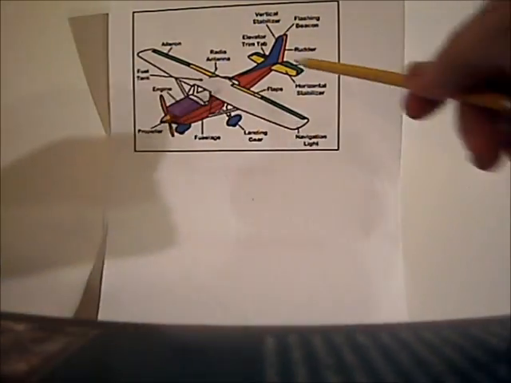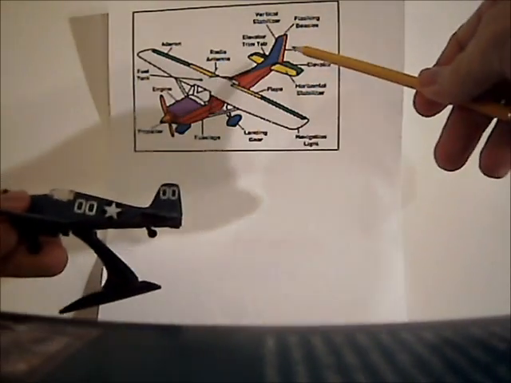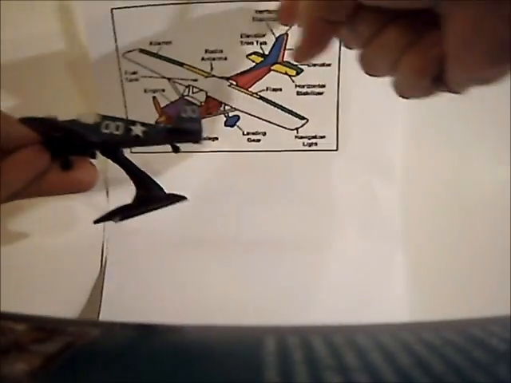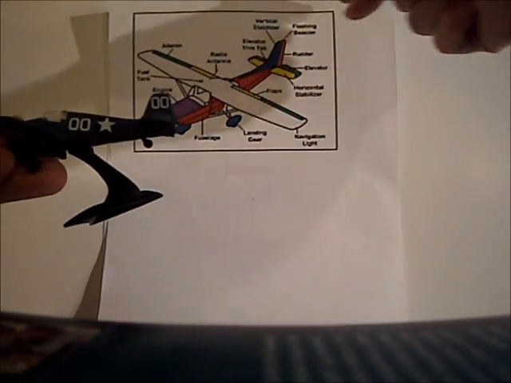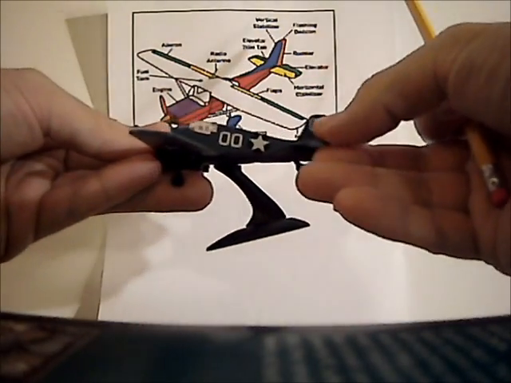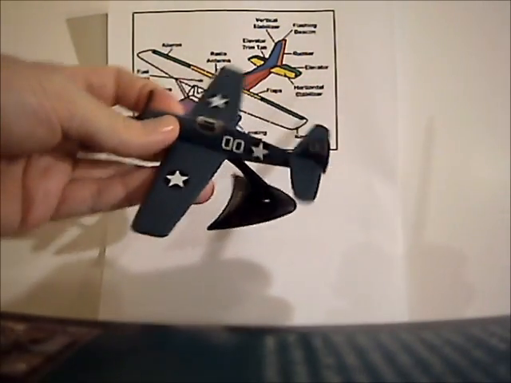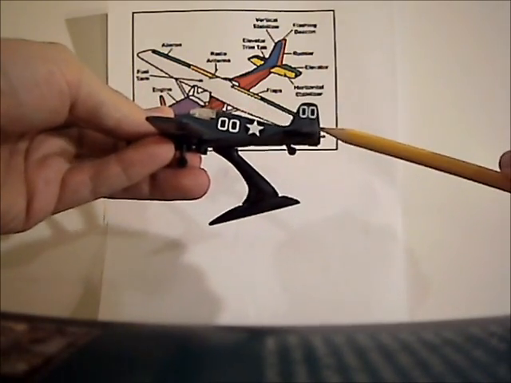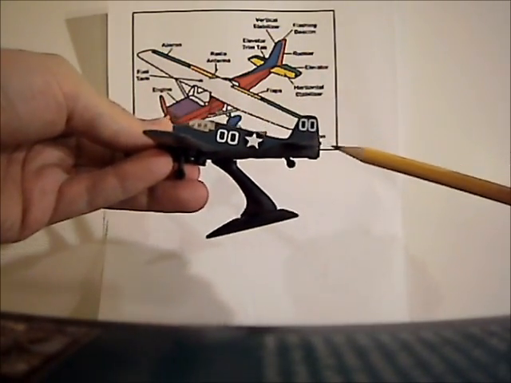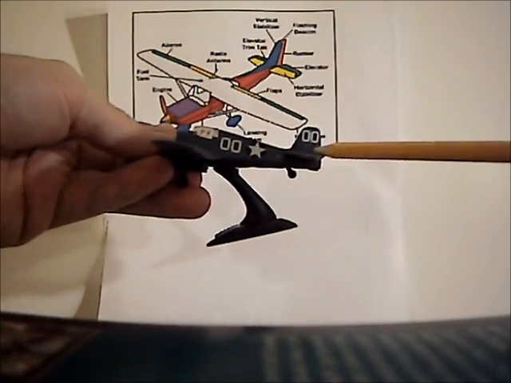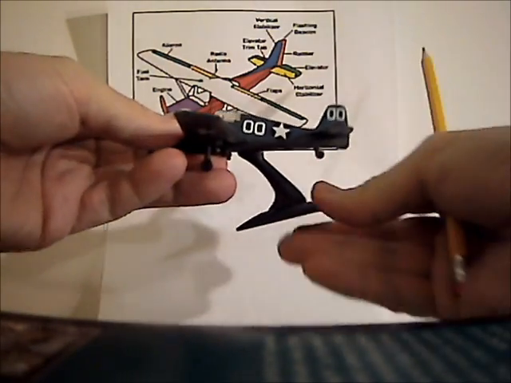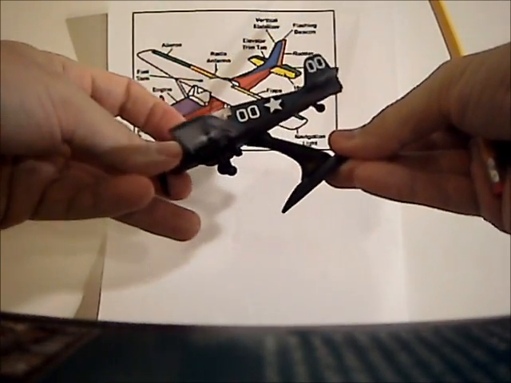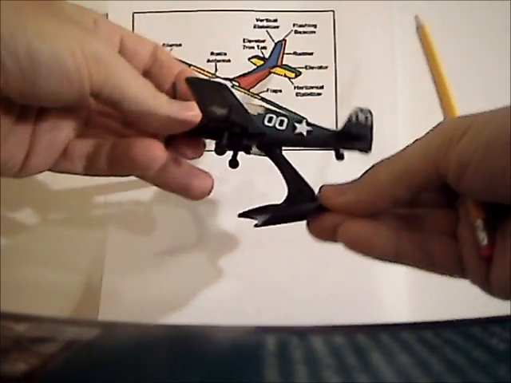Now the elevator, in green, in the same way the rudder moves left and right to give an aircraft yaw, the elevator attached to the end of the horizontal stabilizer allows the aircraft to pitch up and down.